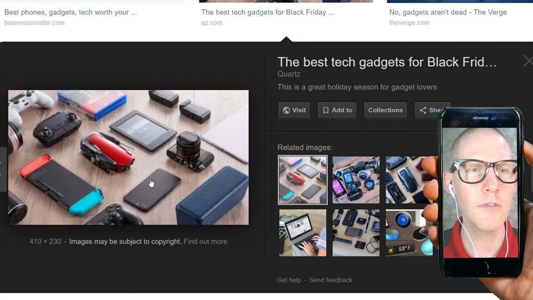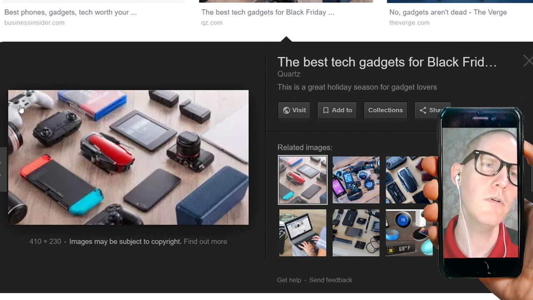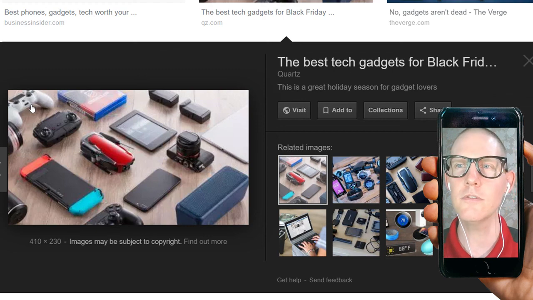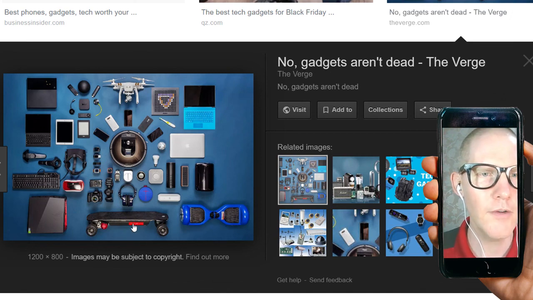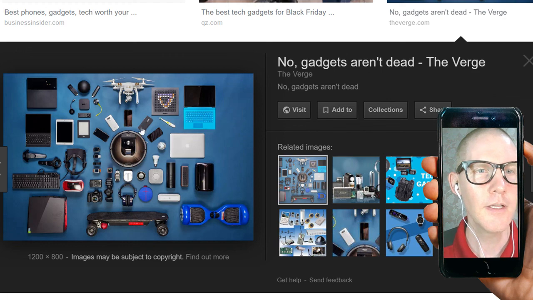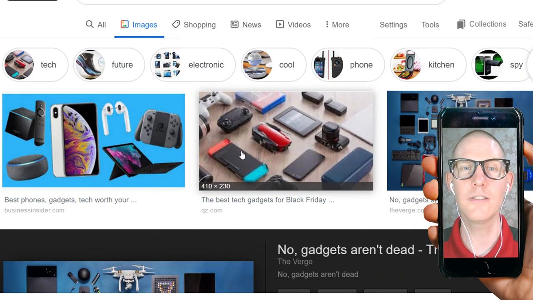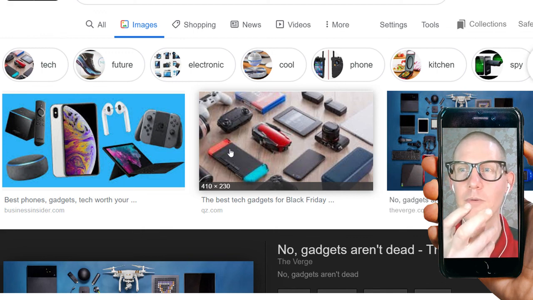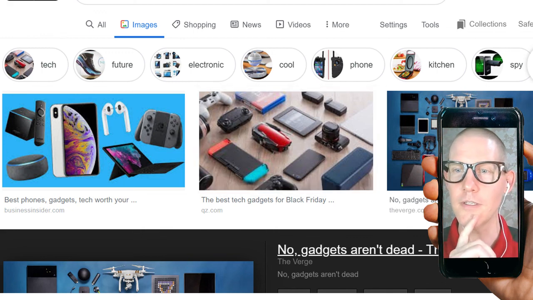There's a camera, there's a phone, a controller for a video game, something like that. Oh, this is a good one. There's even a drone in this one, a hoverboard, kind of a skateboard type thing. A lot of different gadgets. So gadgets are usually electronic things, or small things that we like to play with or fidget with, right?